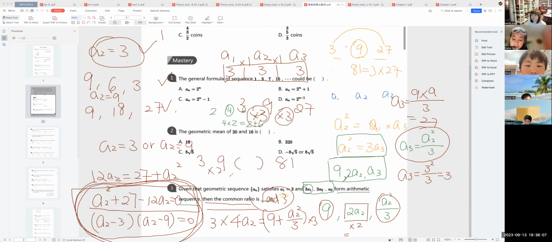You have 81. You know it is times 3, and times 3. So this is a geometric sequence.